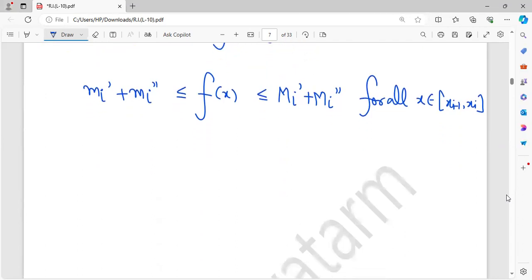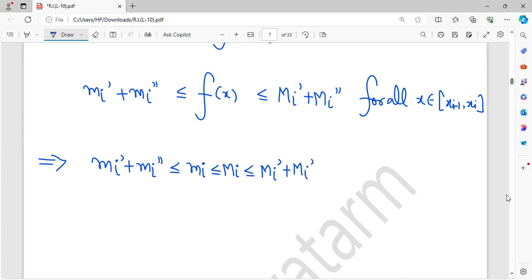So this implies Mi is less than or equal to Mi' plus Mi'', and mi' plus mi'' is less than or equal to mi, and mi is always less than capital Mi, for all i from 1 to n.